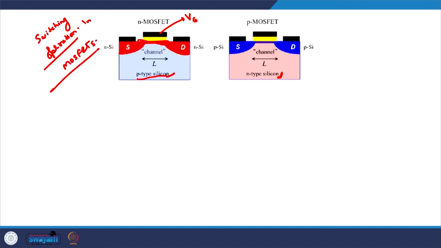Similarly, when the body is n-type silicon material, if we apply a negative voltage on the gate terminal, a very thin layer of the body will become positively charged, because it will attract a lot of holes towards it, and from the source right up to the drain we will have a sort of continuous p-type material, like a conductor sitting between the source and the drain, and that is how this transistor is operated.